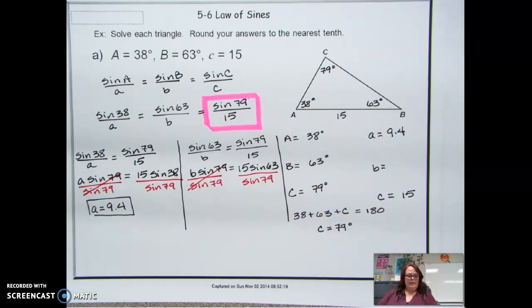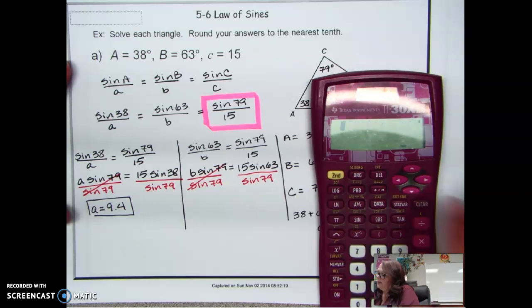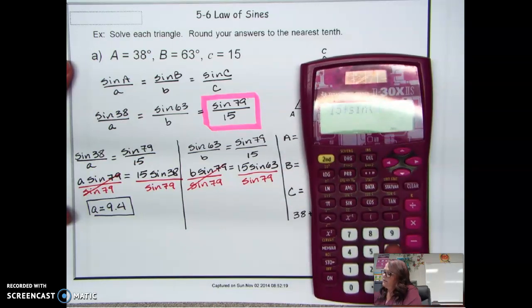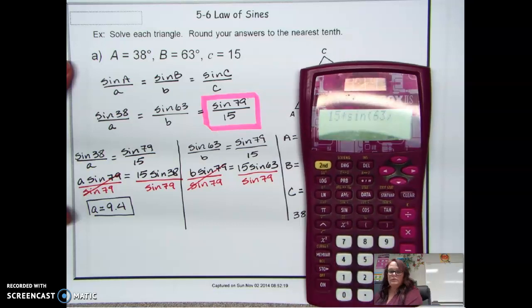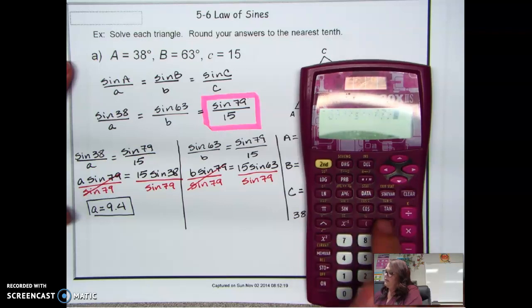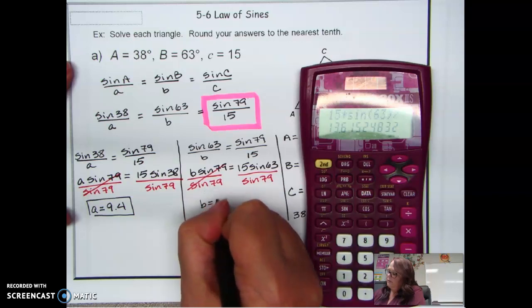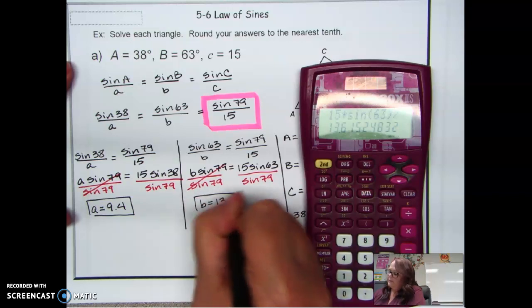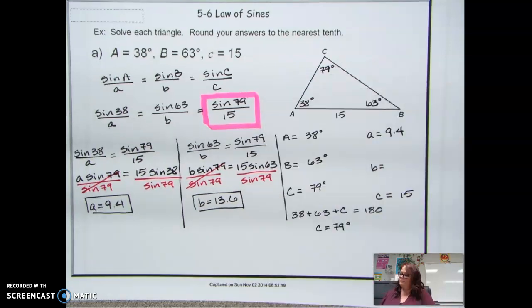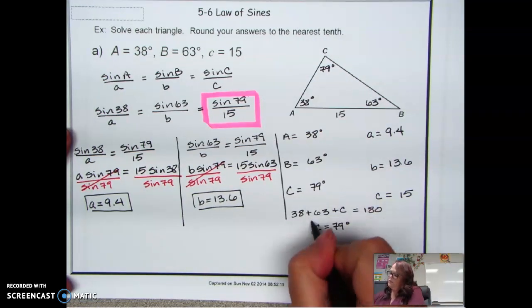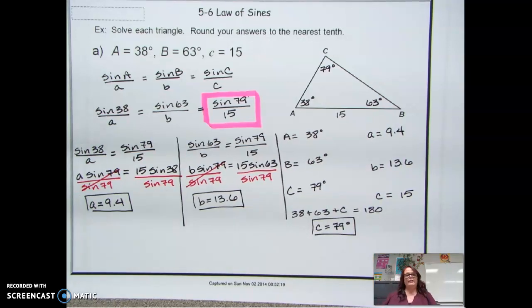And then in my calculator, I'm going to type in 15 times the sine of 63, close that, and then divided by the sine of 79, press equals, and that leaves me with b is equal to 13.6. And so now we have everything that it took to solve that triangle.